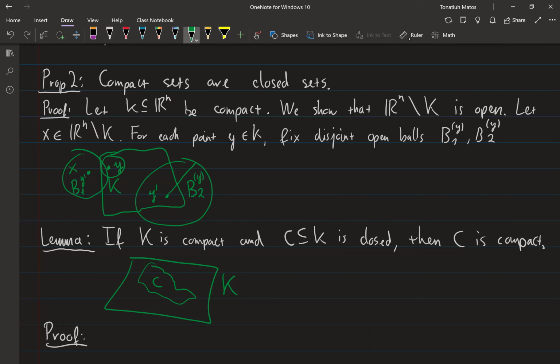So we fix two disjoint open balls, and then the collection of all of these must cover K, because we're doing this for every point. So it's not just an open cover, but actually every point is not just being covered by an open set, it's actually the center of one of these balls, because I'm picking all of them, right? Then the set of all of these B2 y's, sorry, that's not the way I wrote it, it's B2 y.